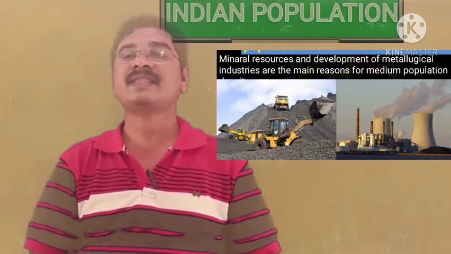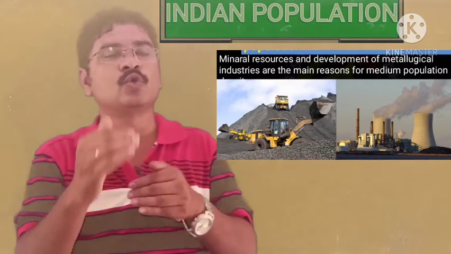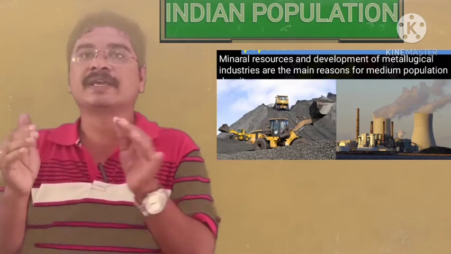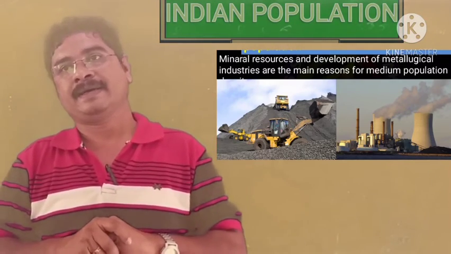Then areas of low density. The areas with less than 250 persons per square kilometer come under this zone. Madhya Pradesh also comes under the areas of low density, along with Rajasthan, Uttaranchal, Meghalaya, Andaman, Jammu and Kashmir.